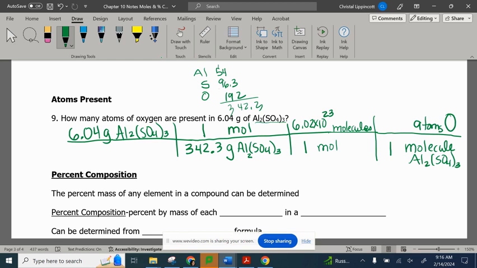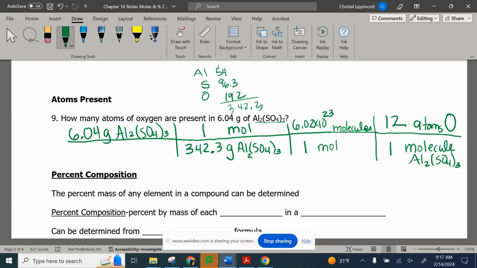How many atoms are in each one of these of oxygen? 12. I got that from the formula here for oxygen. Now, if they would have wanted to know sulfur instead of oxygen, what would this number have been? 3. If they would have wanted to know aluminum instead of oxygen, what would this number have been? 2. And that's the only difference between those problems.